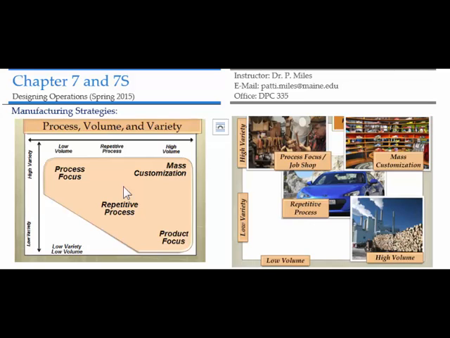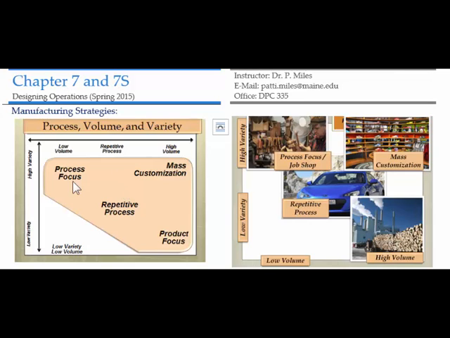The key idea here is that there's a trade-off between variety and volume. And the more we produce of something, generally the less expensive we would like it to be. It isn't always a perfect trade-off, but ideally we get some quote-unquote economies of scale for producing more.